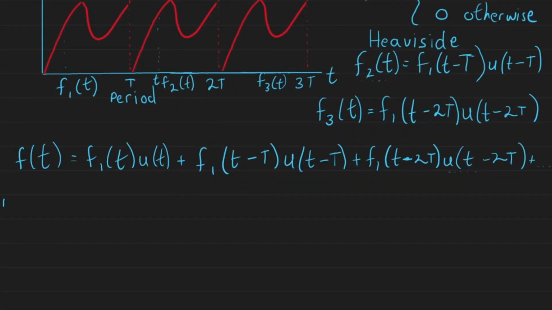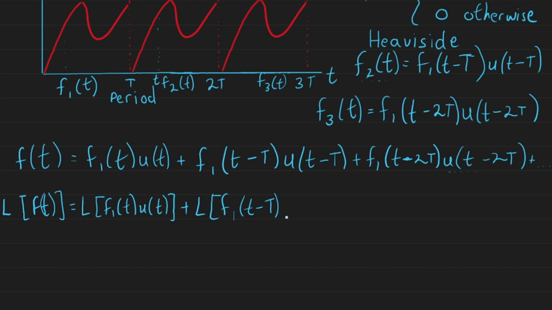So the Laplace transform of this function of t is equal to the Laplace transform of f1(t) times u(t), plus the Laplace transform of f1(t - T) times u(t - T), plus the Laplace transform of f1(t - 2T) times u(t - 2T), and it would carry on to infinity.